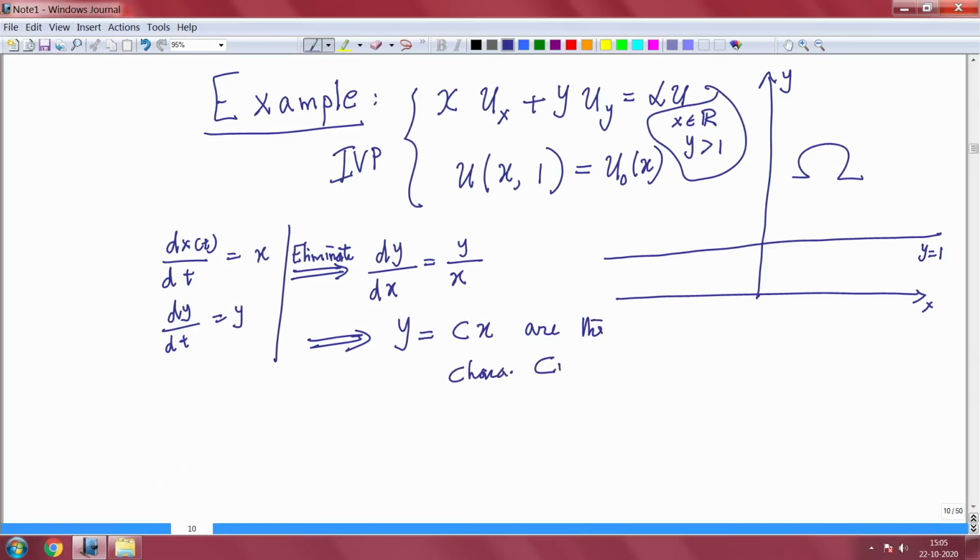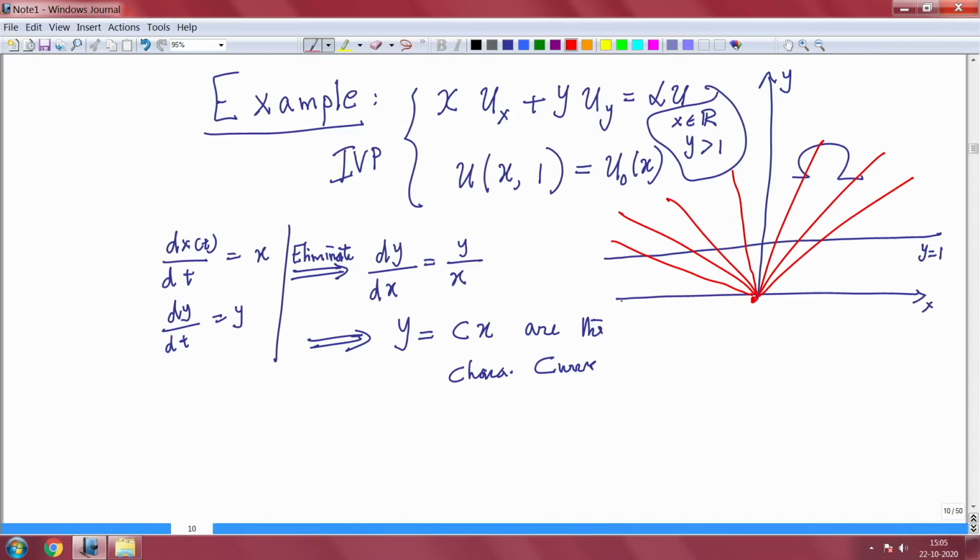You see, you try to plot it here. If you plot your characteristic curves, you can see this is y equal to cx. You see all your characteristic curves meet at the origin.